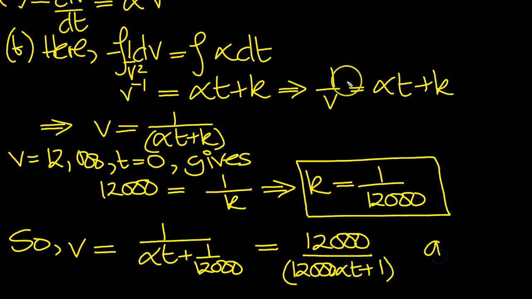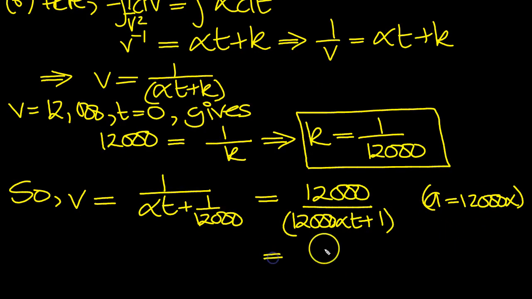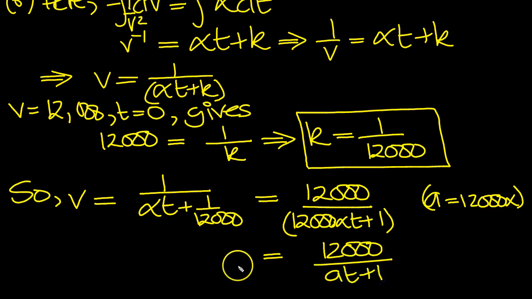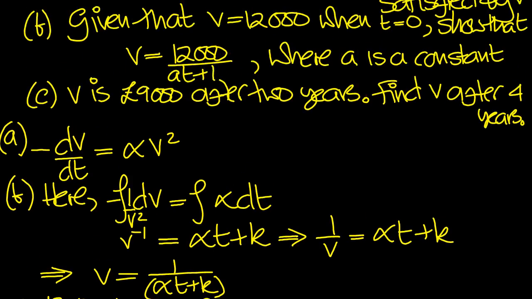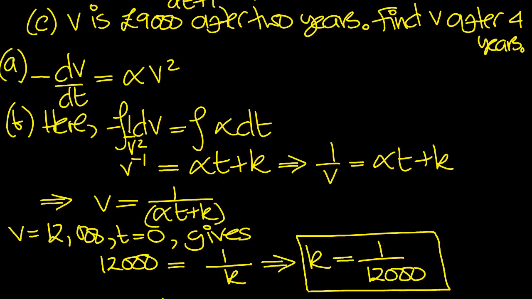So the a wasn't alpha at all, was it, like I mentioned earlier on? It's actually that a is 12,000 alpha in our expression here. So if we let a equal that, then we can simply write 12,000 over at plus 1. So v equals, so that's what we wanted to show. And that was part B.